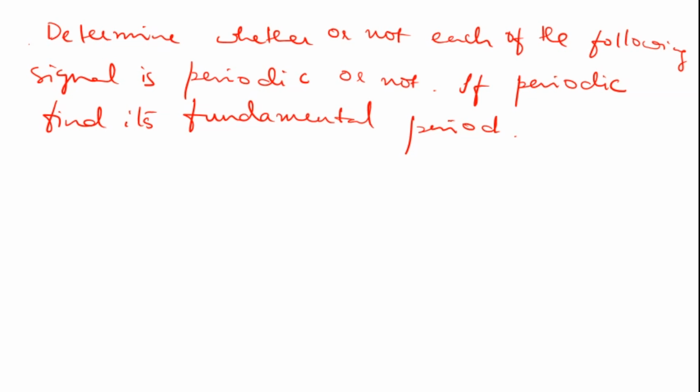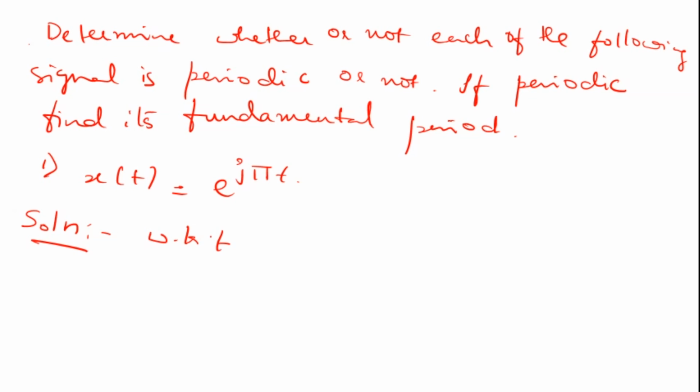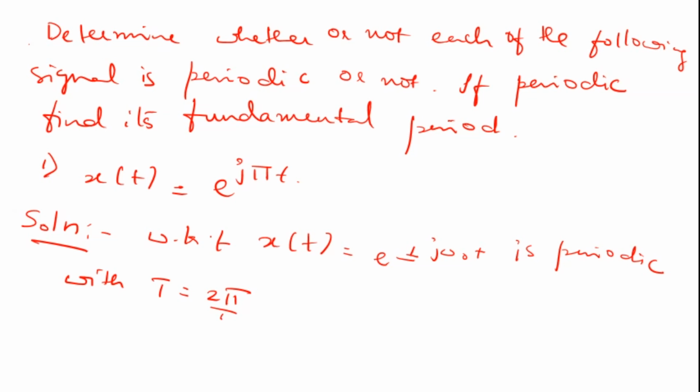First problem, x of t is equal to e power j pi into t. We know that x of t is equal to e power plus or minus j omega naught t is periodic with period T is equal to 2 pi by omega naught.